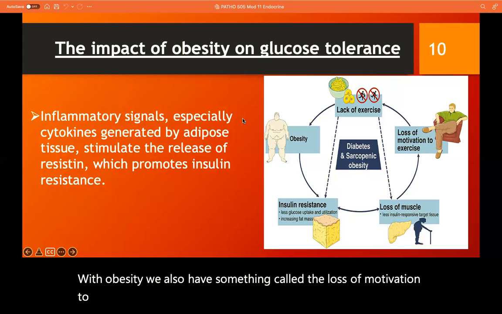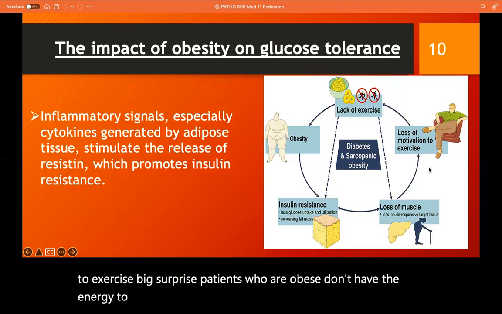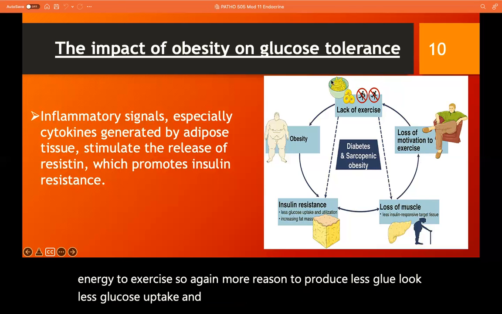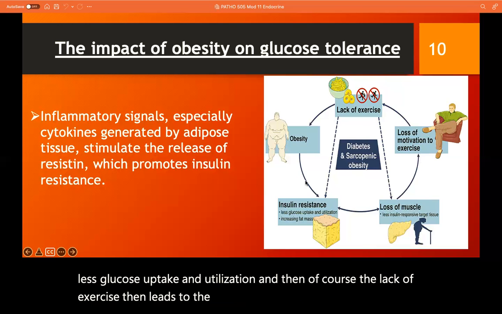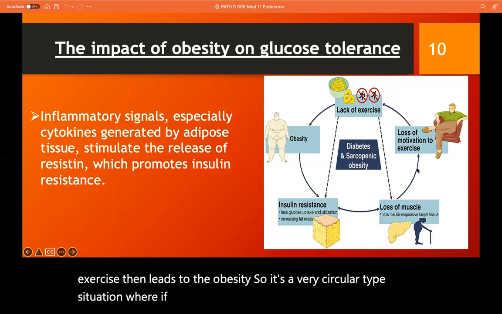Big surprise, patients who are obese don't have the energy to exercise. So again, more reason to produce less glucose uptake and utilization. And then of course, the lack of exercise leads to obesity. So it's a very circular situation where if you don't break the chain, it's just going to keep happening over and over again.